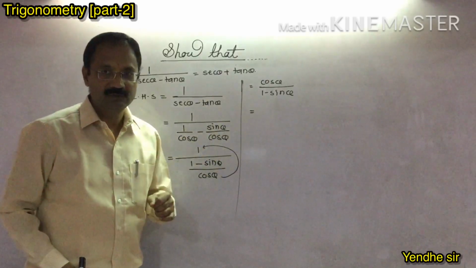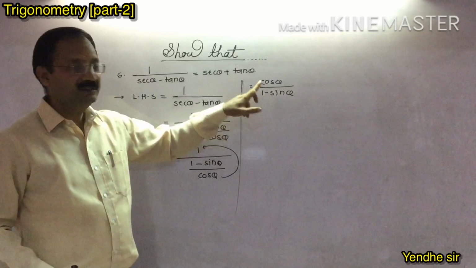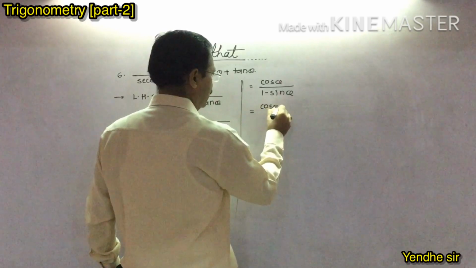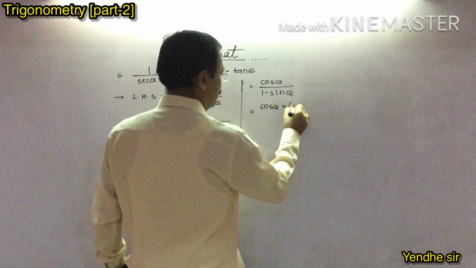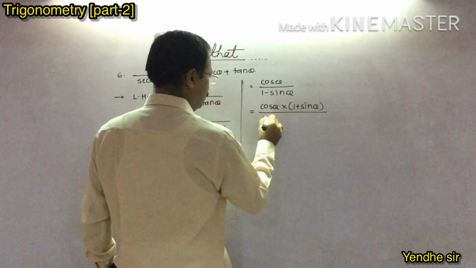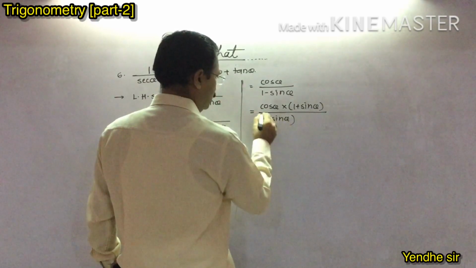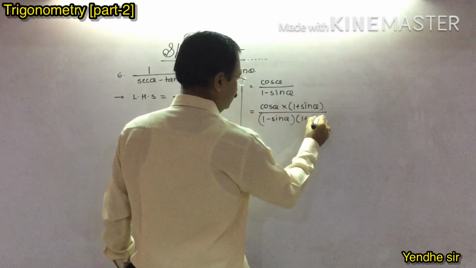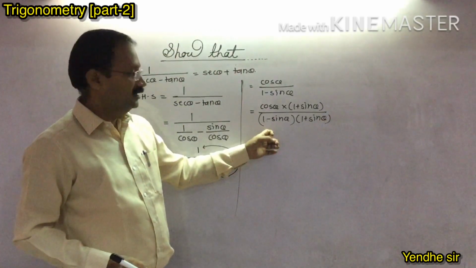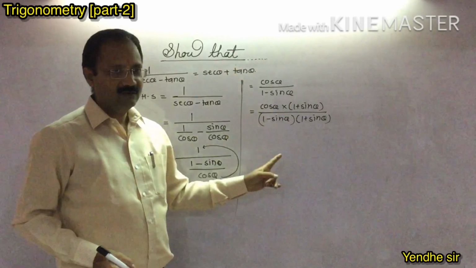So what do we have to do? You have to multiply by 1 plus sin theta. So cos theta into 1 plus sin theta upon 1 minus sin theta into 1 plus sin theta. Can you tell me why I multiply by 1 plus sin theta? So we can cancel 1 minus sin theta.